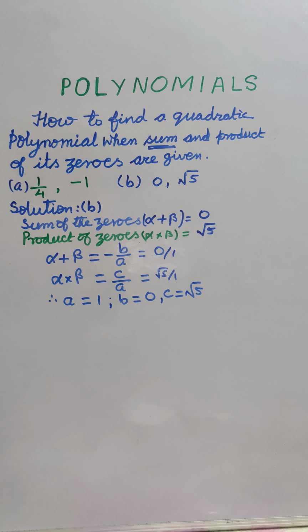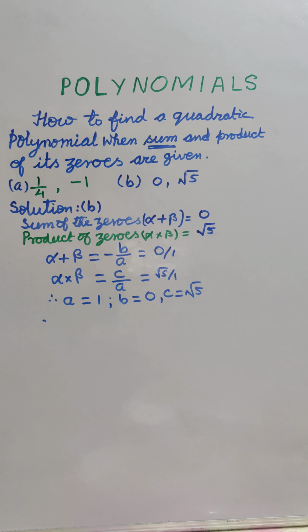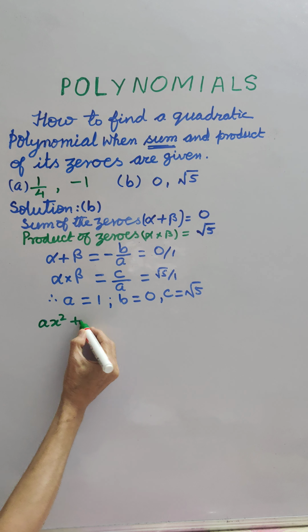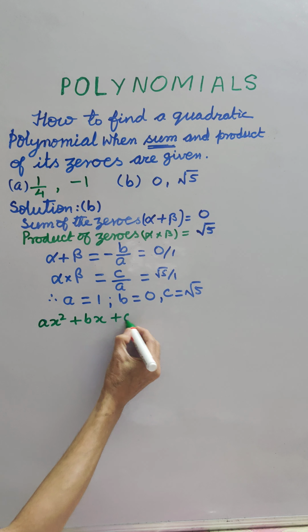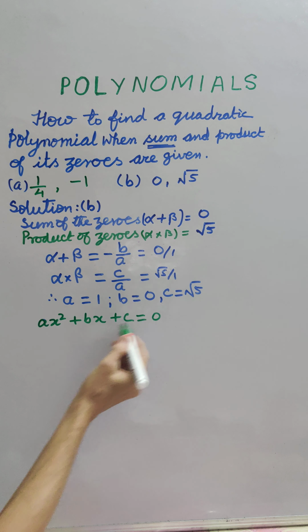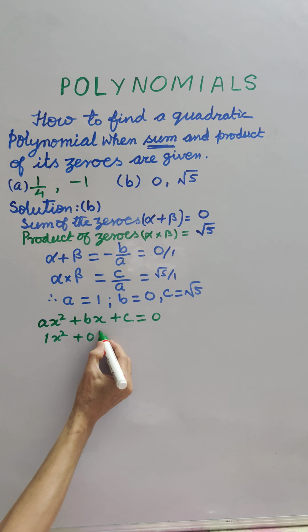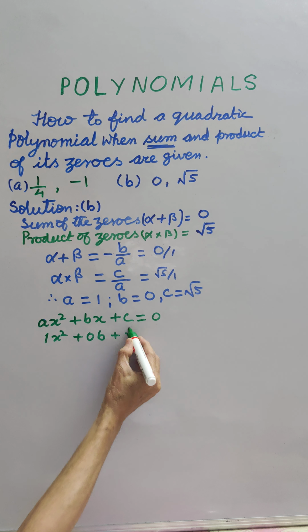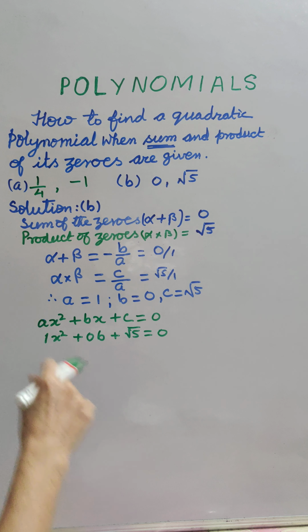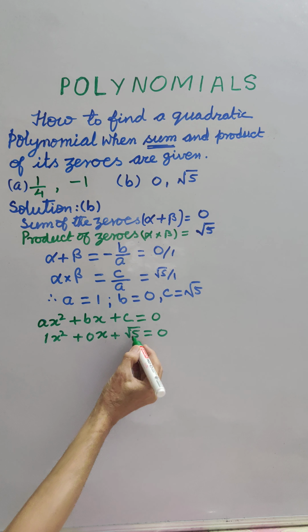And using the general quadratic equation, which is ax square plus bx plus c is equal to 0, substituting the values of a, b and c, this will be 1x square plus 0 into x plus root 5.